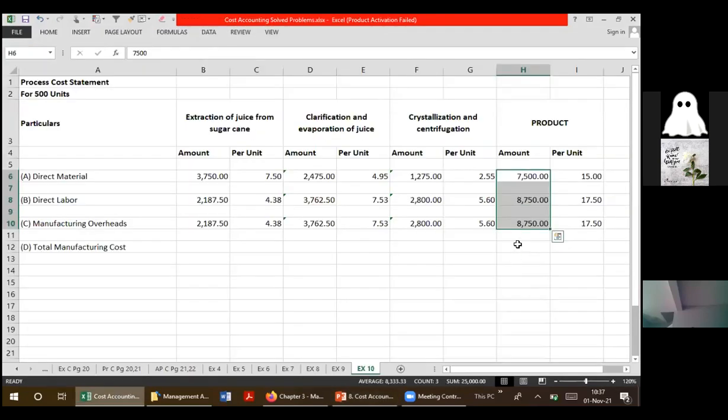Yes, if you add these three, the cost is 25,000. And add these three, that will be the total per unit cost, which is 50. Or you can do this divided by 500. Should be the same, 50.